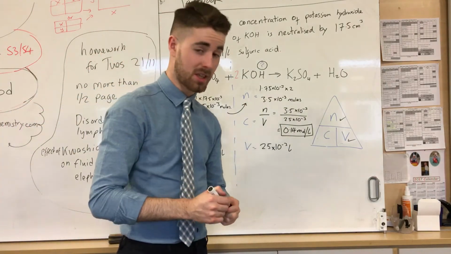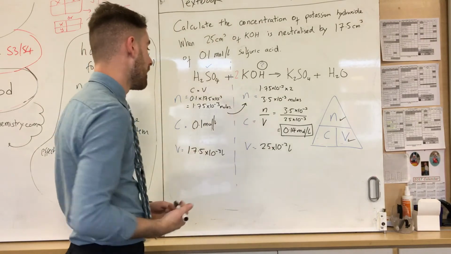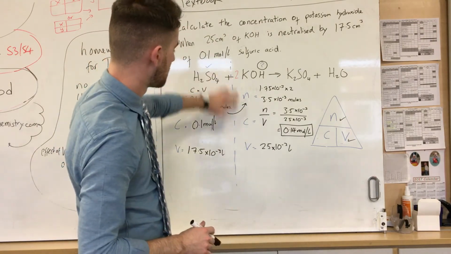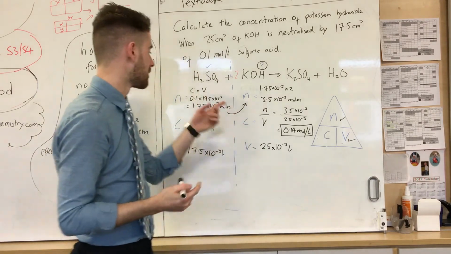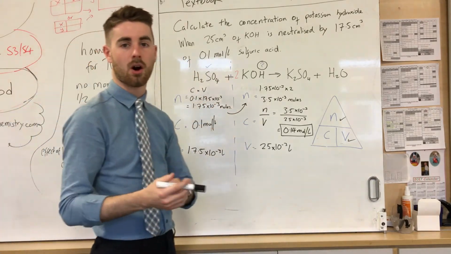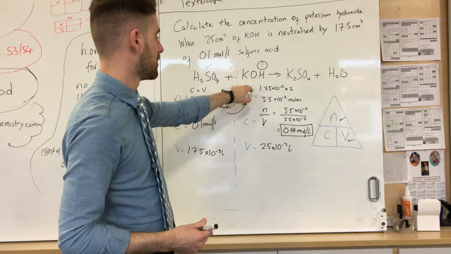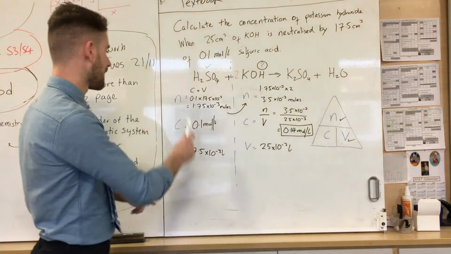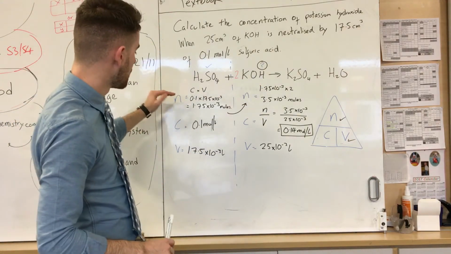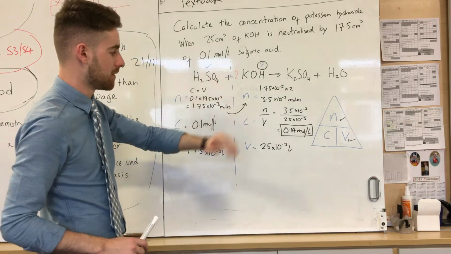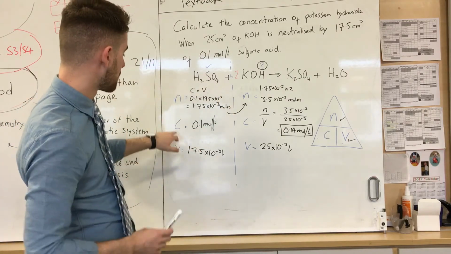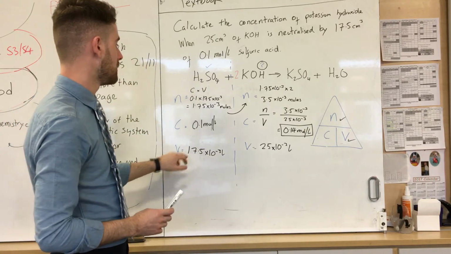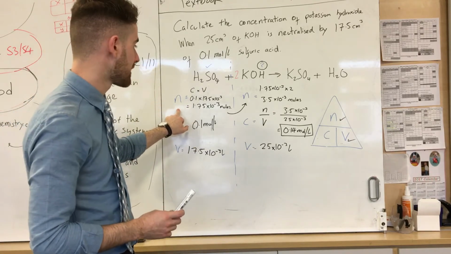So if we just think about the steps that we took to work out that value, first thing we did, split up into two different columns, the thing that we know, which is sulfuric acid, and the unknown, the thing we're going to calculate, which is potassium hydroxide. List what we have, so jot down your NCV, leaving any blanks when you don't have a value. We did have the value for concentration and volume, which meant that we could work out a number of moles of sulfuric acid.